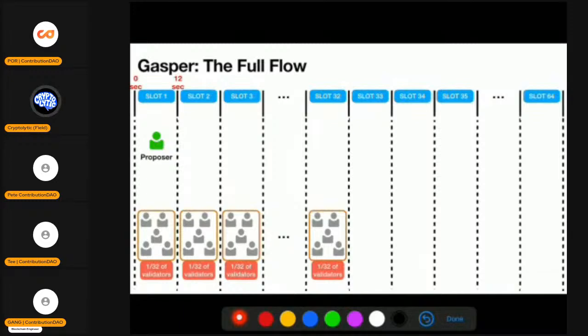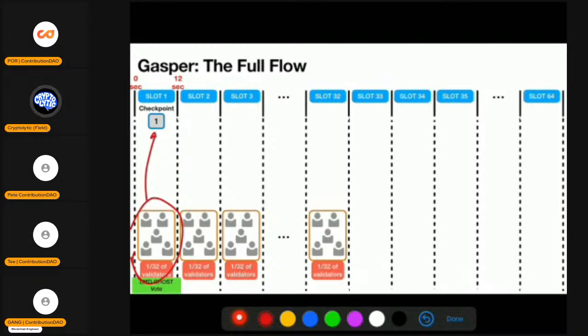When time hits the first slot, a proposer appears and proposes a new block. This block is going to be the special one because it is the first block of the epoch, and we are going to call it a checkpoint. The validator would make a vote for this block.